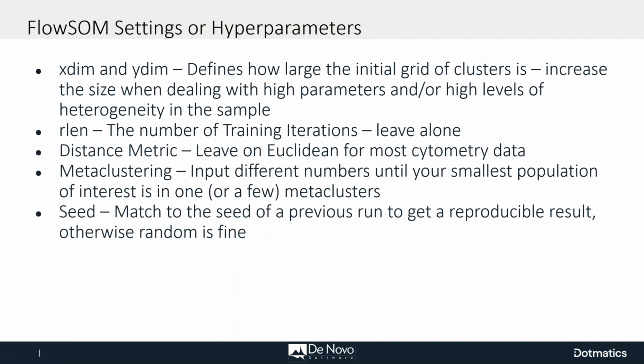So say you're very interested in studying Tregs, and change that number of meta clusters until you get your Tregs in their own meta cluster, or maybe your CD45 negative Tregs, or essentially whatever small population that you want to measure or describe or investigate. Have that to be in 1 or 2 or 3 meta clusters, and that's a good place to start.